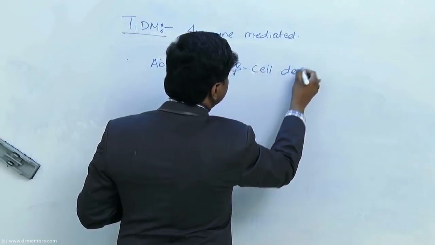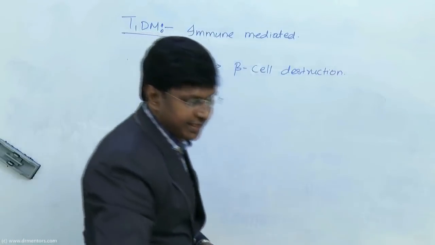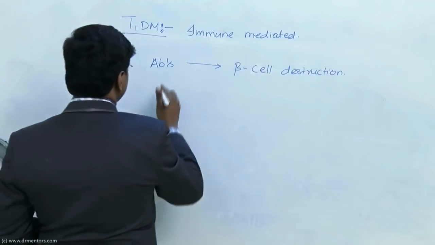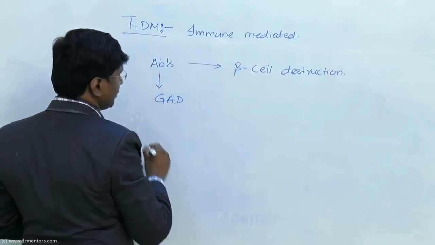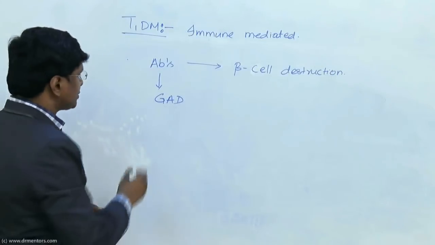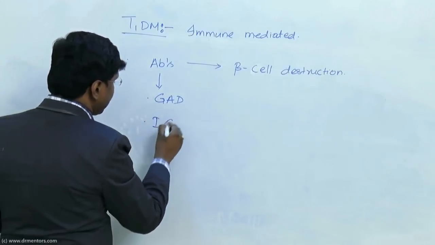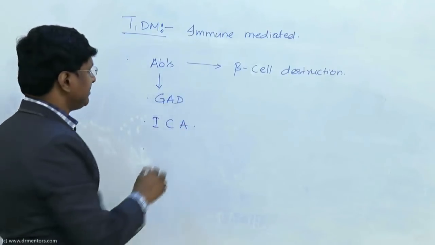What are the names of these antibodies? They are the GAD antibodies, that is glutamic acid decarboxylase antibodies, or they are called islet cell antibodies.